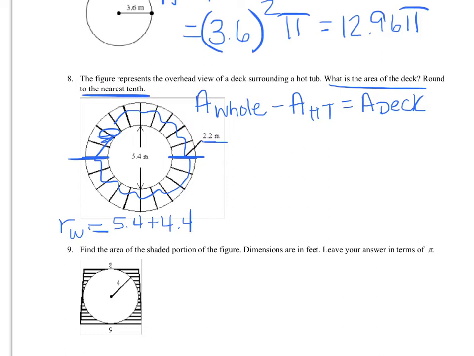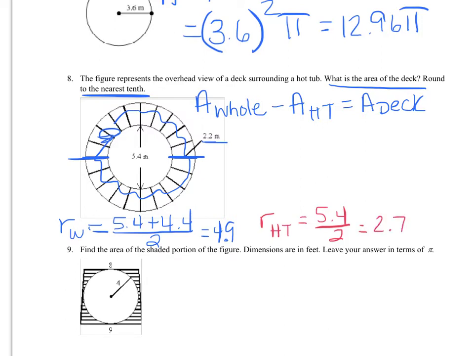So if you add that together and divide by 2, you get 4.9. So that's the radius of the whole thing. The radius of just the hot tub is 5.4 divided by 2. And I'm just doing this off to the side because we need this information for the area formula.